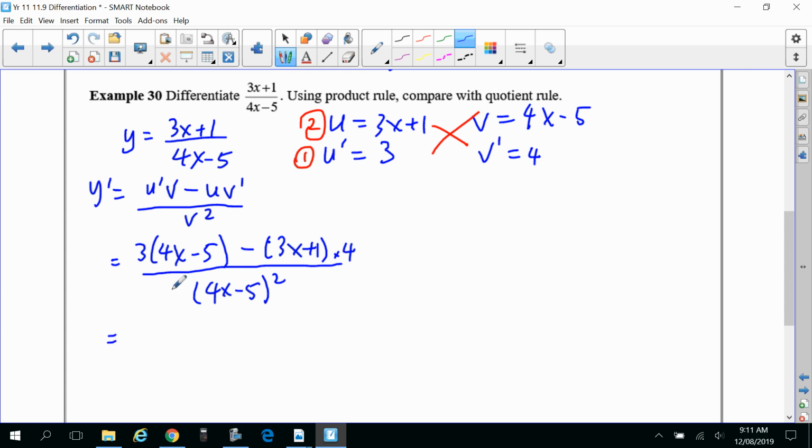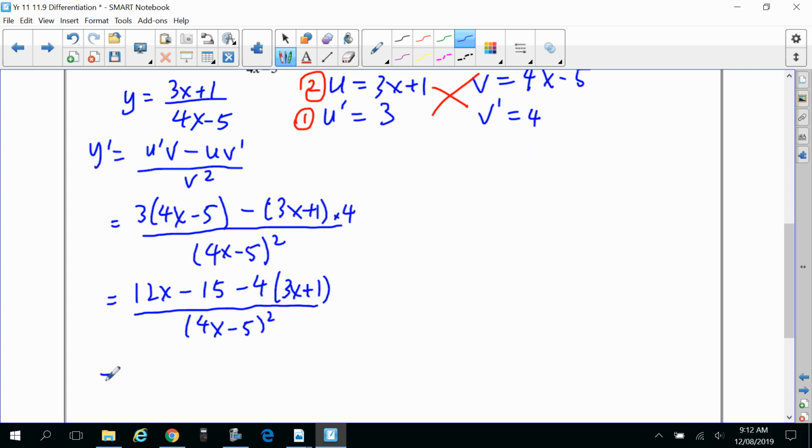Okay, now let's expand this: 12x minus 15. And then, again, the negative at the back. Do it slowly, again, to avoid accidents. Notice that I keep writing the denominator. You have to do that too. 12x minus 15.